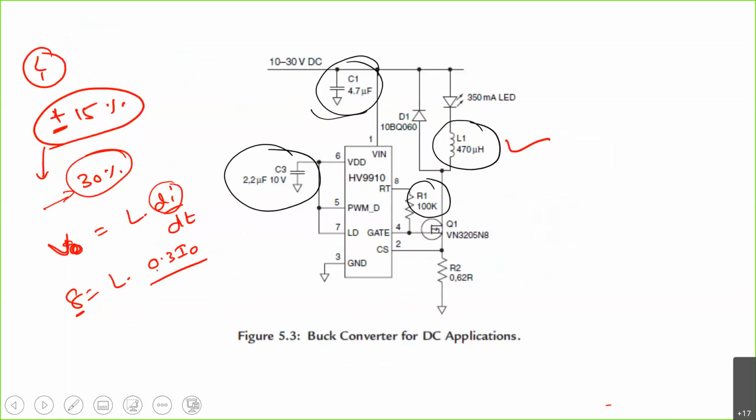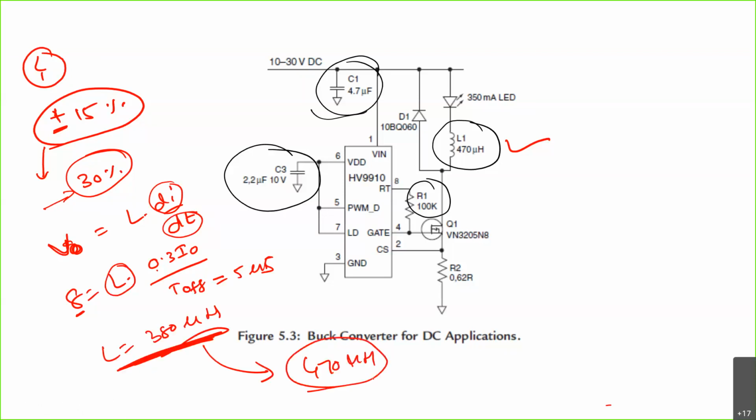So that's 0.3. So this is 380 microhenry.